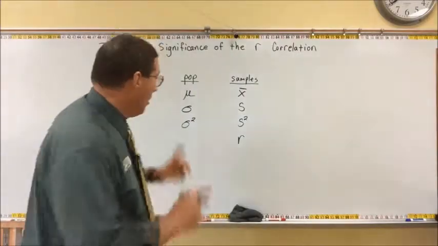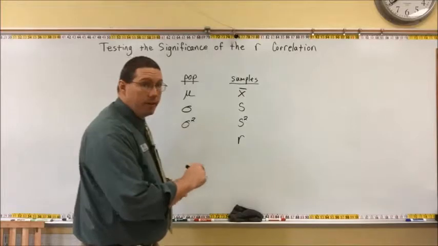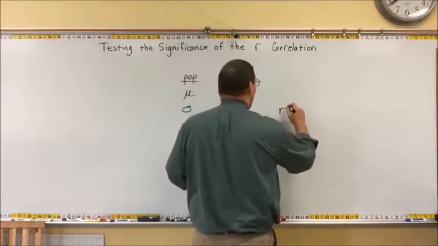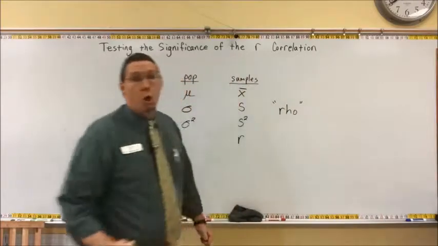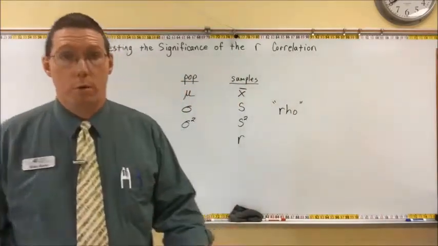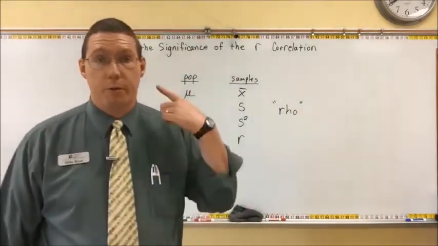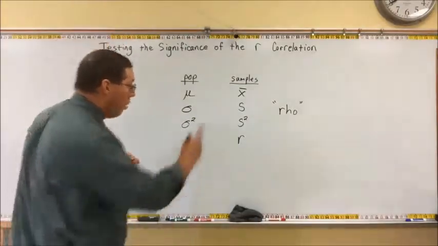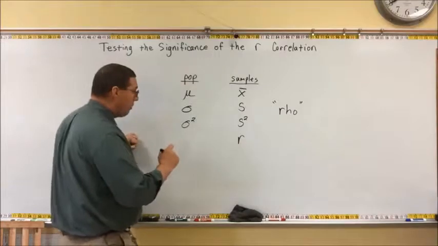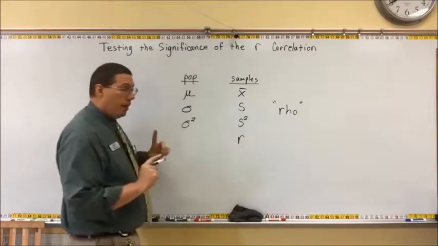I'm going to write it up here in just a minute, but I want to tell you how to pronounce it. It goes R-H-O, all right? And this letter is rho. So say rho, or just say it inside your head, especially if you're wearing headphones and you're at Starbucks. Okay, so rho.